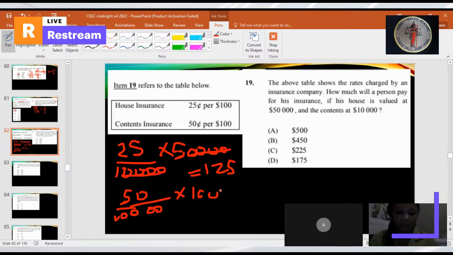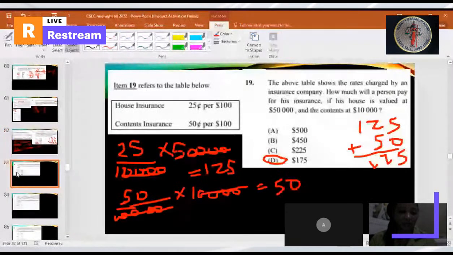So it will be the 125 plus the 50. That's 175. So that's D. All right, read number 20 for me, please.